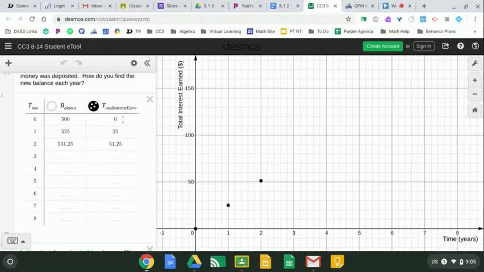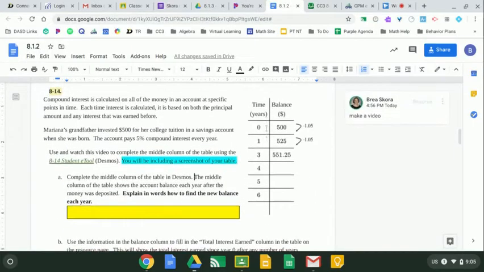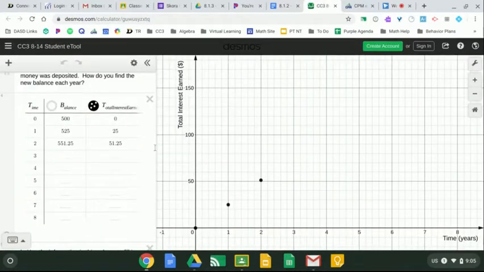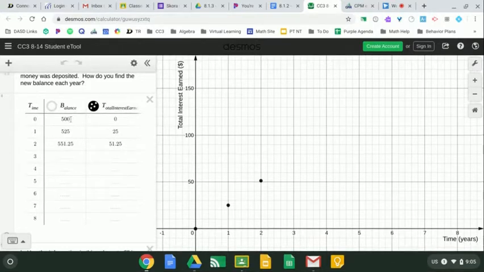To get from zero to $25 of total interest, if we look back in our problem here, it's showing that we're multiplying by 1.05 to get to each next amount or balance as the years passed. So that's what we're going to do. We're going to repeatedly multiply by 1.05. So coming back here, let's go to the balance and multiply 500 times 1.05. When you do that, you should have come out with $525.